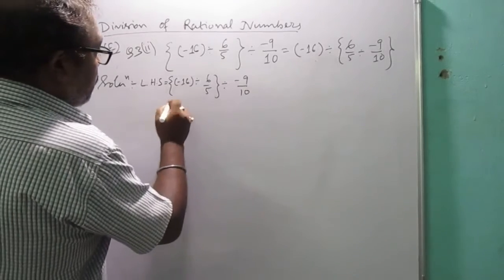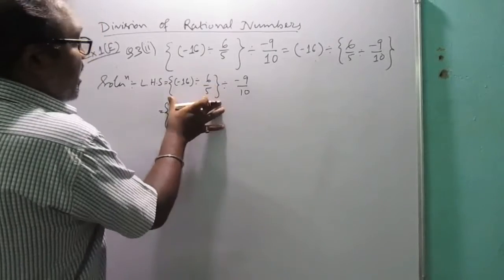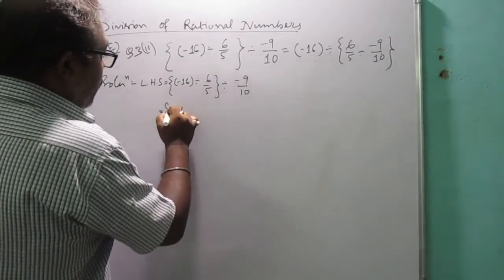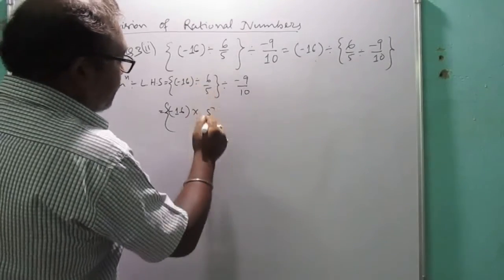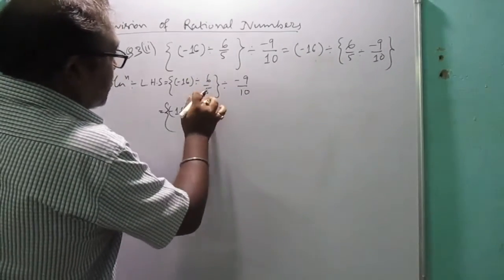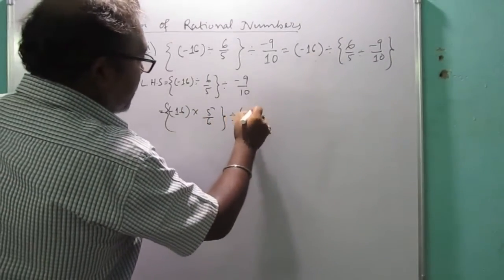So here minus 16, whatever is inside the second bracket, we have to convert this division into multiplication by reciprocating 6 by 5. So 5 by 6 divided by minus 9 by 10.